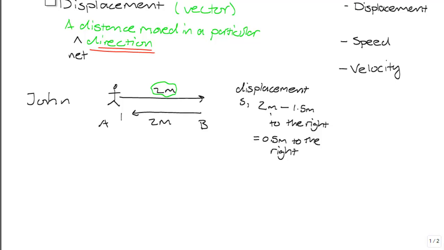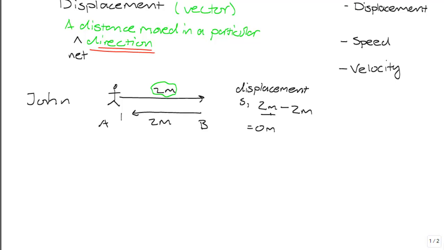The displacement is always the net distance moved in a particular direction. And in this case, the net distance he's moved is 2 meters to the right minus 2 meters to the left, which is equal to 0 meters. So his net displacement is 0. He has not gone anywhere.